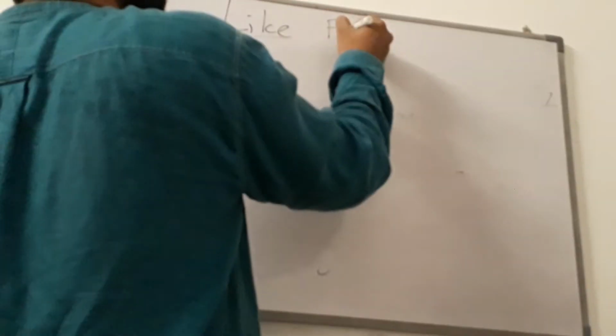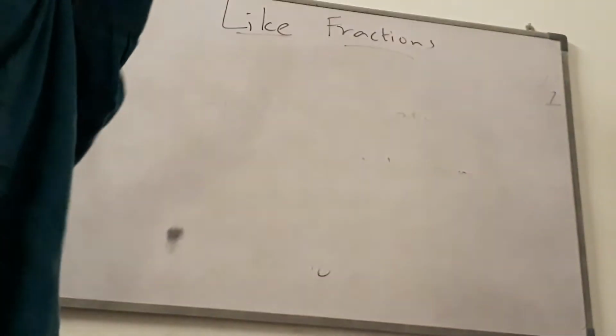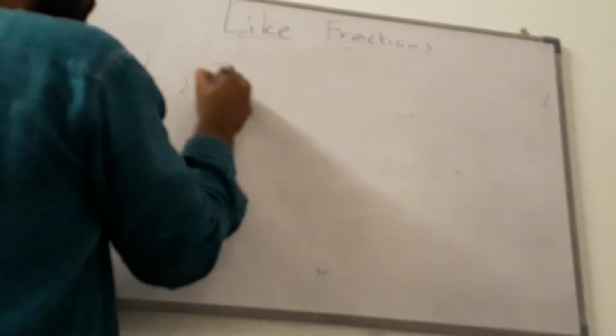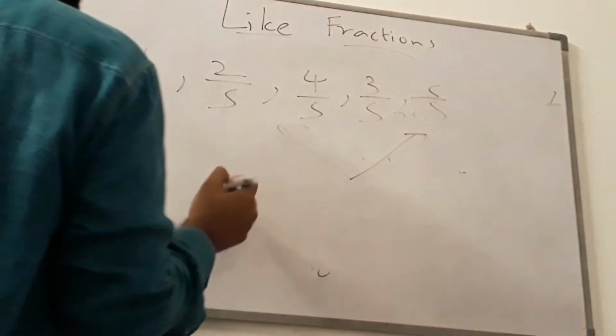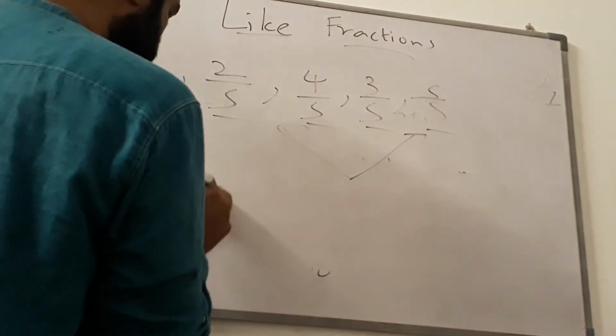Like fractions. So we say 1/5, 2/5, 4/5, 3/5. These are called like fractions where the denominator is the same.